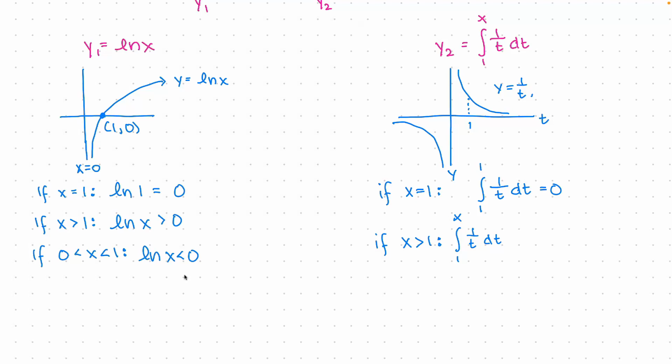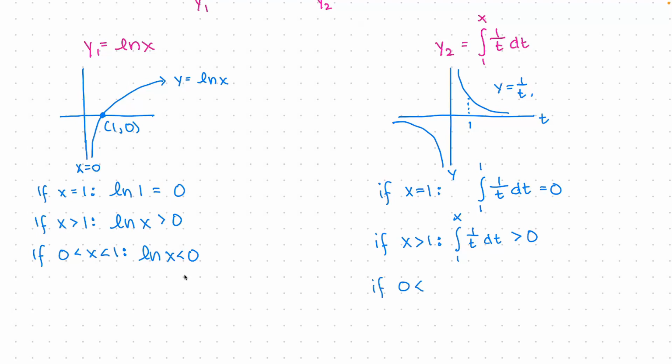So if x is greater than 1, we're looking at the area starting from 1 and going to the right. All that area is above the x-axis, and we're adding on the area. It's positive area, so this integral is positive, which is what we expected. If the natural log of x really is that definite integral, it should have been a positive area.